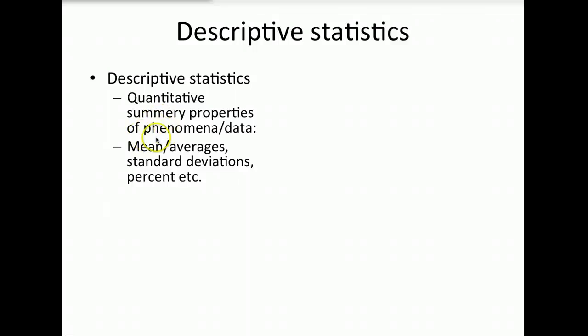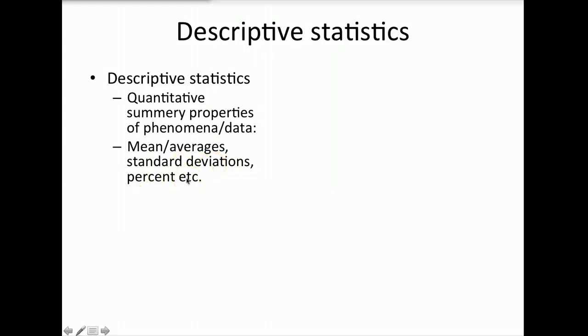And one of the most fundamental ways in which we often summarize data is by looking at means or averages. This is the same by looking at variation in the data, and one of the most commonly used concepts is the concept of standard deviations and percentiles and that kind of stuff.